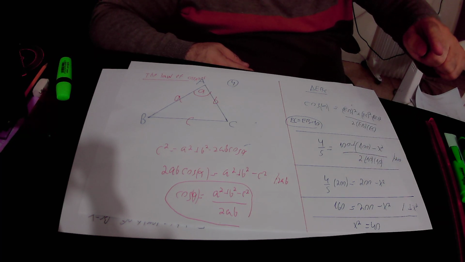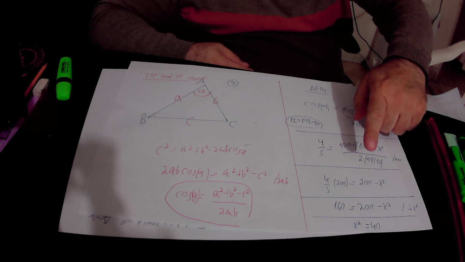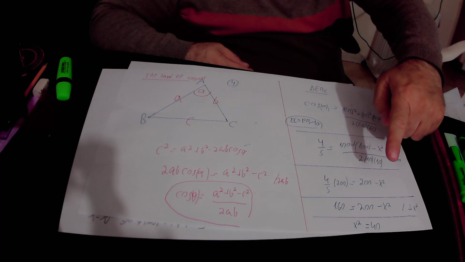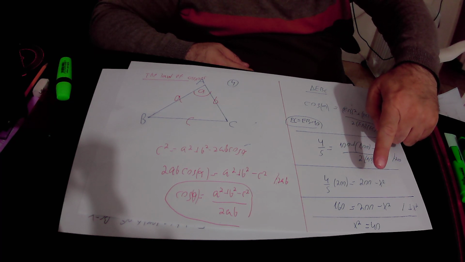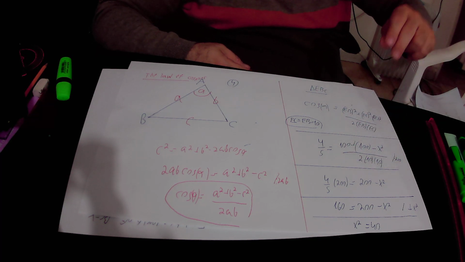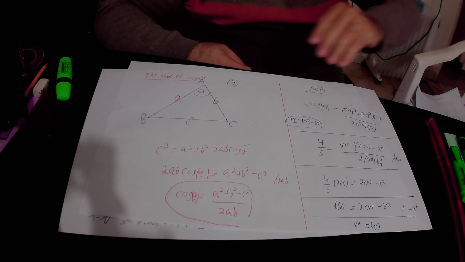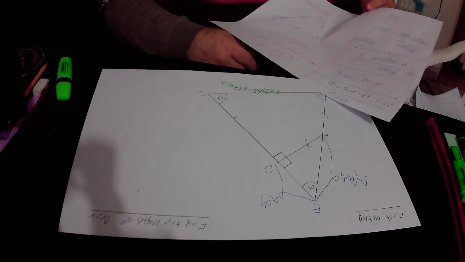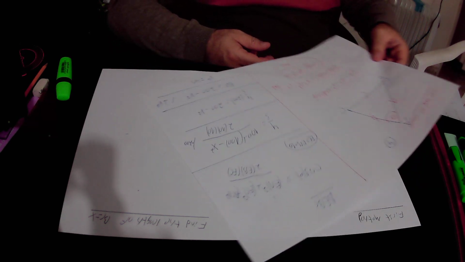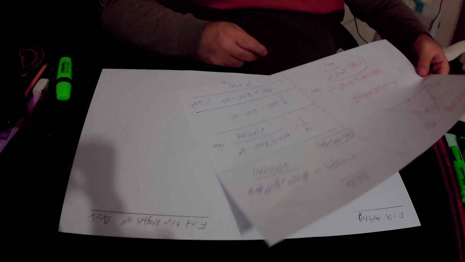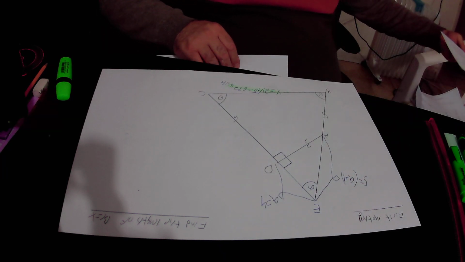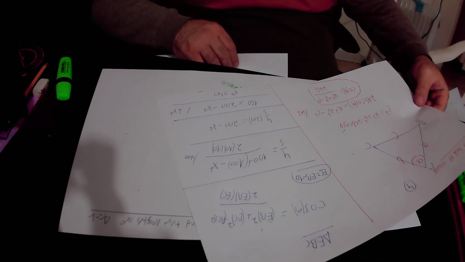So in conclusion, x squared equals 200 minus 160, which is 40. So x squared equals 40. And then we took the root of this equation.